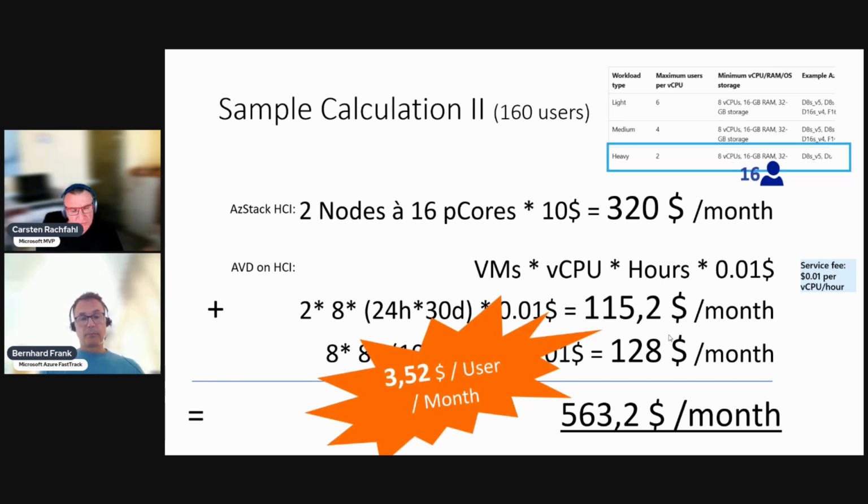Now I think the next question would be, is that a job that I would need to do manually, or is the solution helping me do this automatically? Yes, Azure Virtual Desktop on HCI has tools and mechanisms for that. Scaling plans help you to scale up and scale down based on schedules.